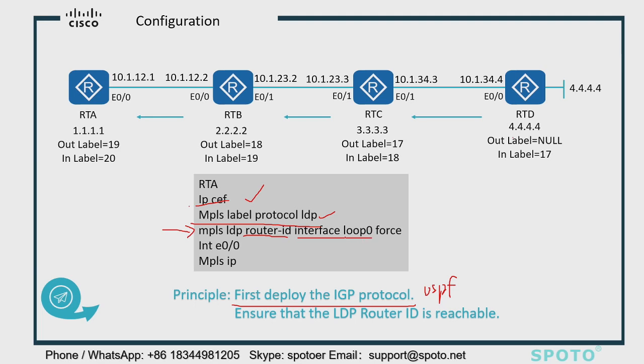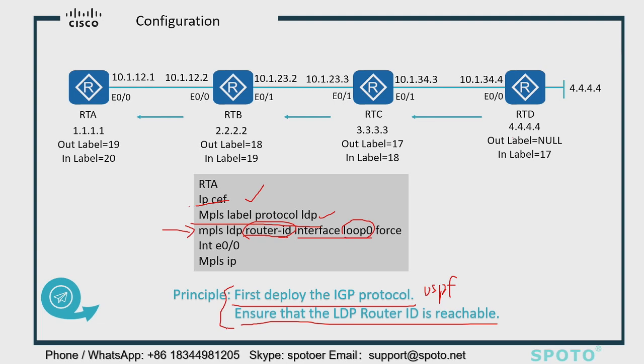So we usually use loopback 0 to set the router's router ID. And so the second principle is to ensure the LDP router ID is reachable.